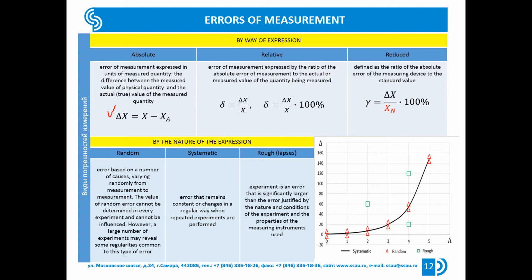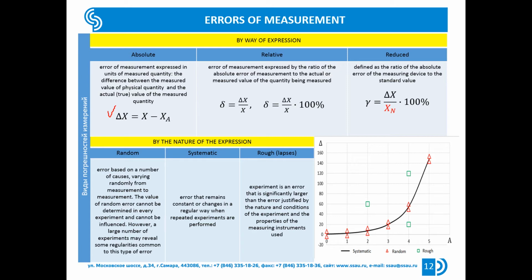For example, if an absolute error of 1 Newton was made when measuring the thrust of an engine, the result for an engine with 10 to the 5th power Newton thrust should be considered very good, a 0.01% relative error. If, on the other hand, an engine with a thrust of 10 Newton is tested, the measurement accuracy cannot be considered high, a relative error of 10%.